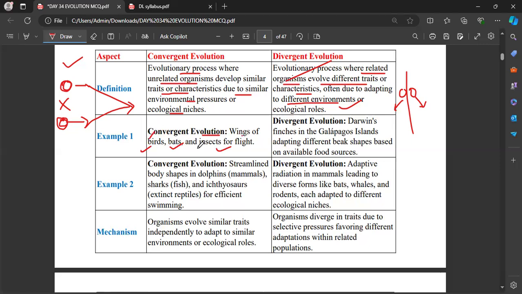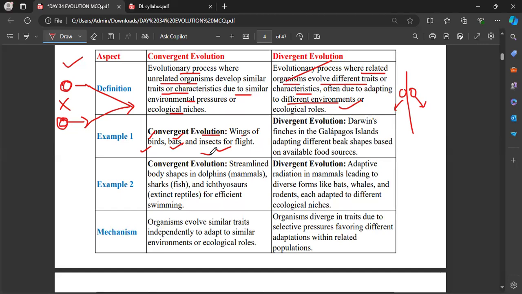Birds are placed under the aves category, bats under the mammal category, and insects under the arthropod category, but they all have wings. Anyhow, birds are the only class with well developed and perfect wings, but the others also have the capacity to fly. So these are all animals acquiring similar characteristic features. Okay, so this is what convergent evolution is.